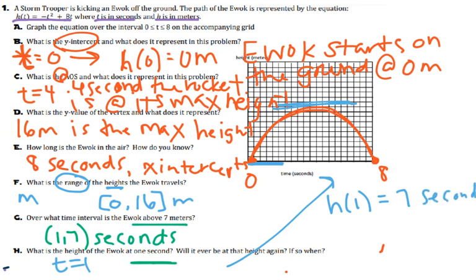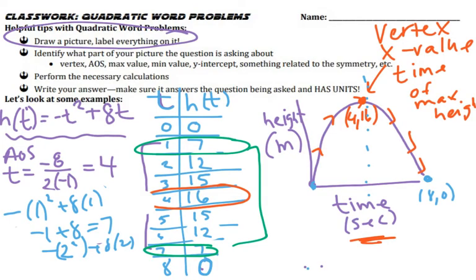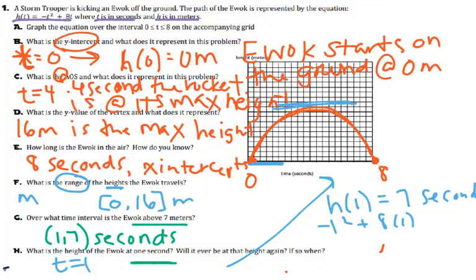If we hadn't already done this work to graph, then you would just plug in 1, negative 1 squared plus 8 times 1. When is it at this height again? Again, we can look back at our table. It's at 7 meters again at 7 seconds.